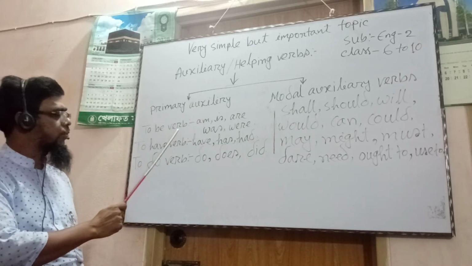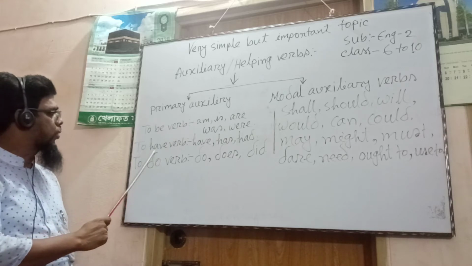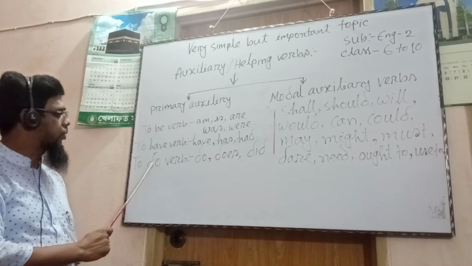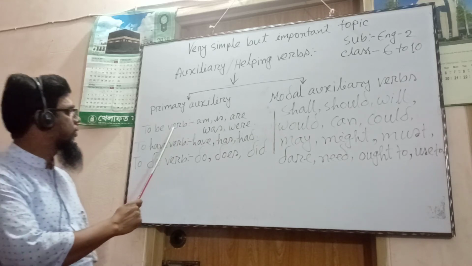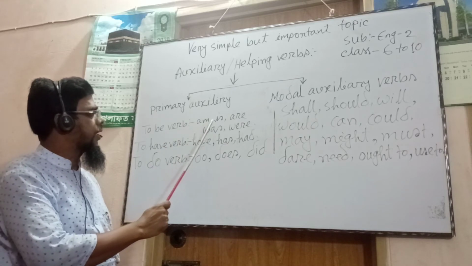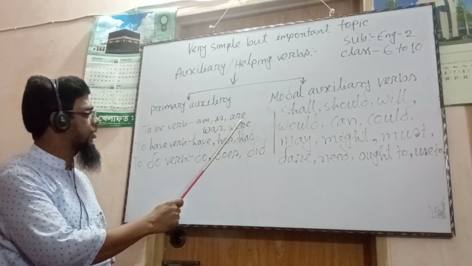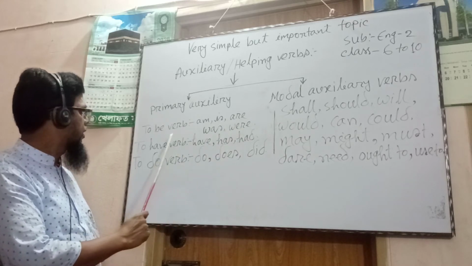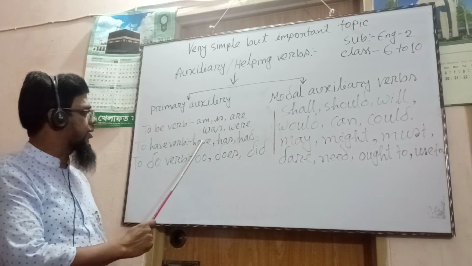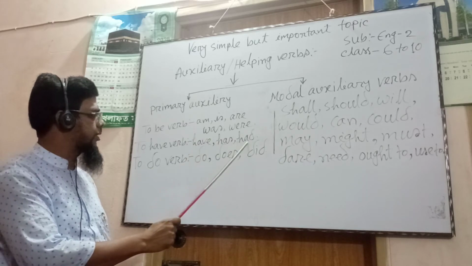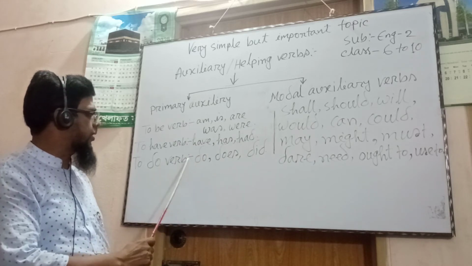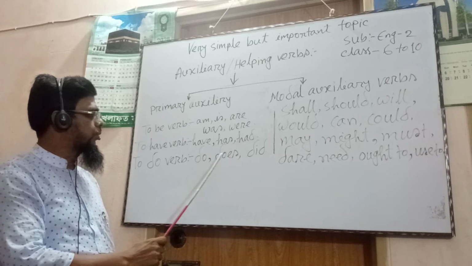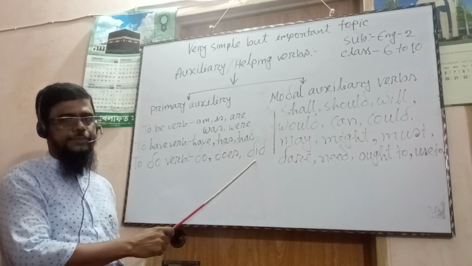They are to be verb, to have verb and to do verb. To be verbs are am, is, are, was, were. To have verbs are have, has, had, and to do verbs are do, does, did.